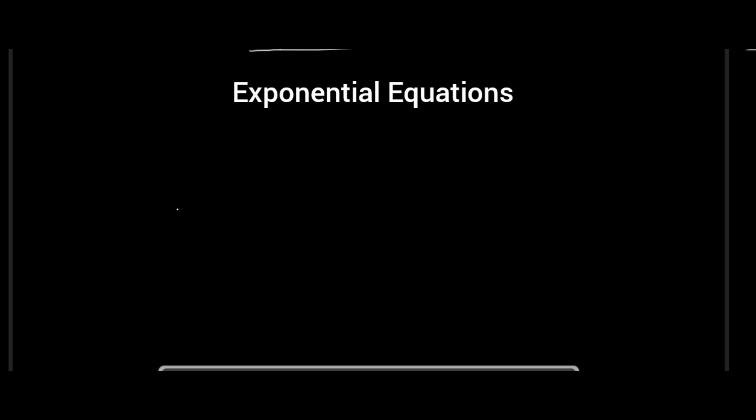But what happens if the power of a number is a variable, that is, unknown? Now, when the power is a variable and it is part of an equation, then it is called an exponential equation. So we may need to use several methods to solve exponential equations.